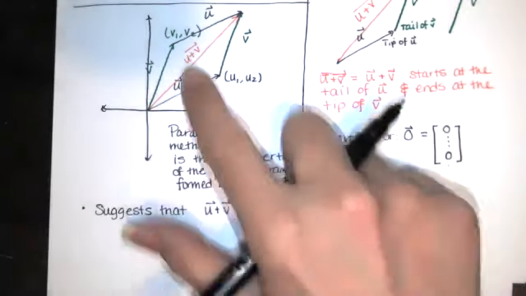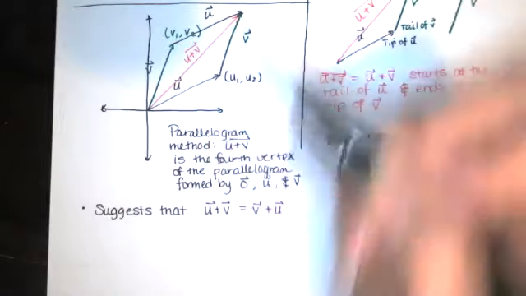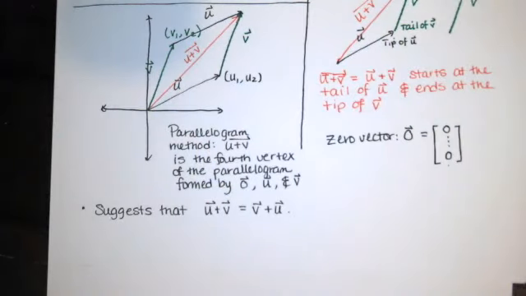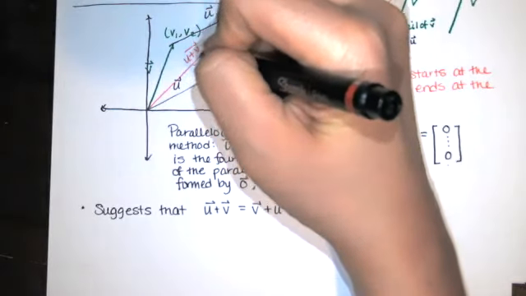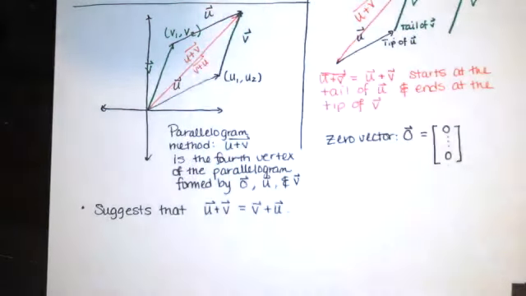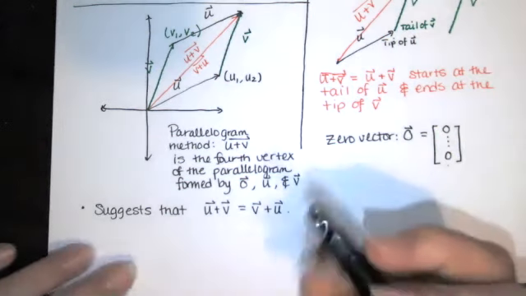It equals a new vector. It's the vector u plus v. That's why it has that arrow over the entire name, u plus v. This is the vector v plus the vector u. When I add those together, I get the vector v plus u. But we can see from this picture, from the parallelogram method, that those are equal to each other. Or in other words, vector addition is called commutative.